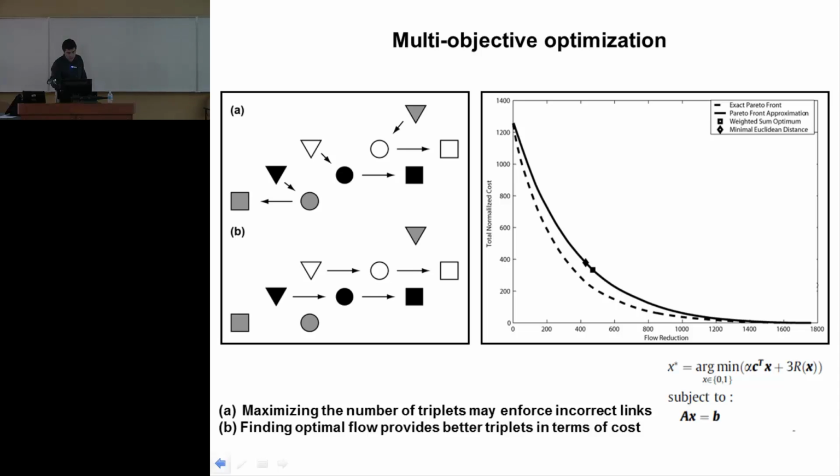So the way I solve that is to solve a bi-objective optimization problem, where we have on one side the reduction from the maximum flow, and on the vertical axis the total cost. So what we have here basically is a Pareto front. That's a convex problem.